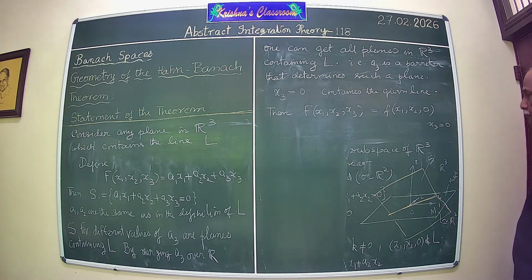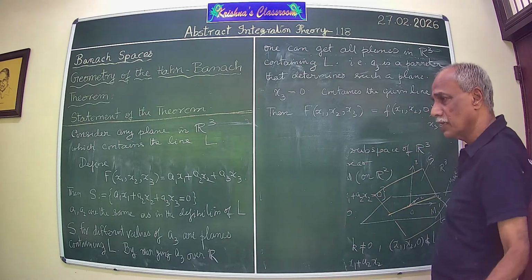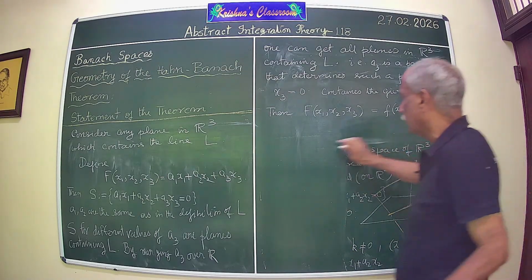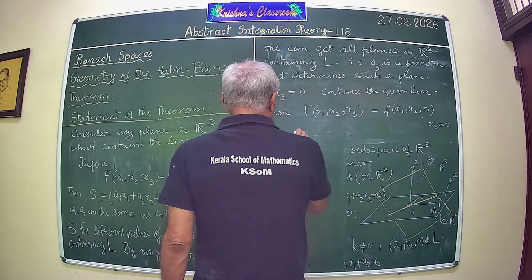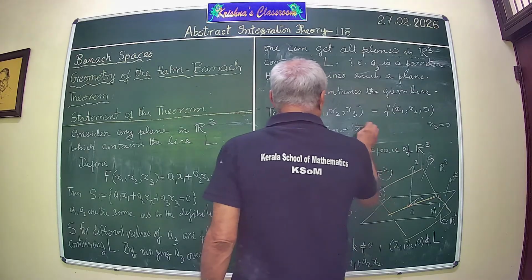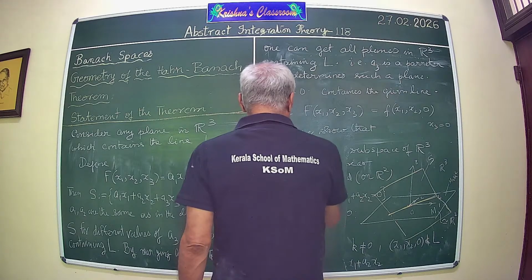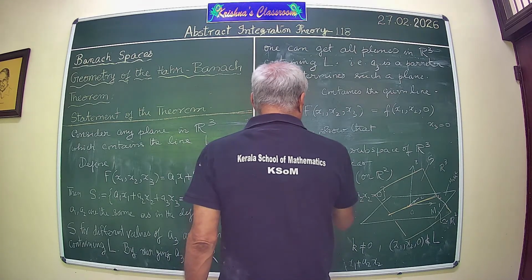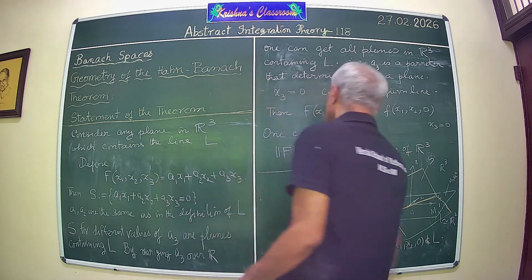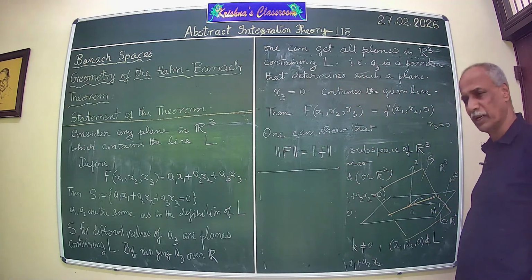So capital F can be defined in this way. This is defined as f of x1, x2, 0. Okay, that will give you the linear function, right? One can show that. Okay, so this needs a little bit of work, it's not difficult.